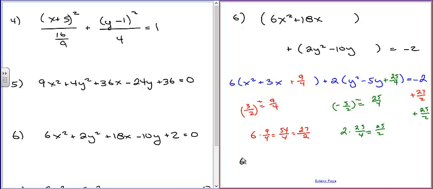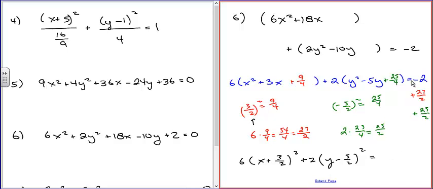So now we can rewrite this part. This complete square, we use this number, x plus 3 halves squared, plus 2 times y minus, because we have a minus sign here, we also have a minus sign there, 5 halves squared, and that equals all this stuff added together. So what is that?